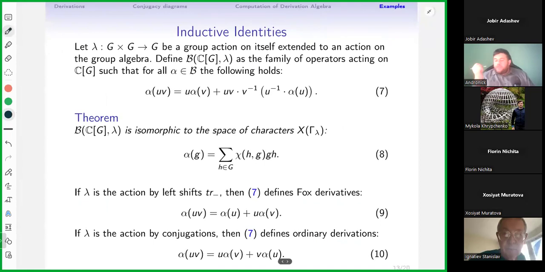So again, about my idea of other inductive identities, which I told about before.